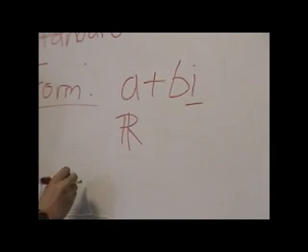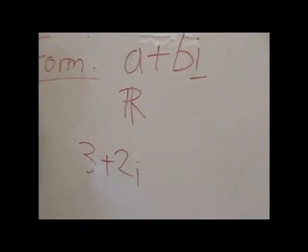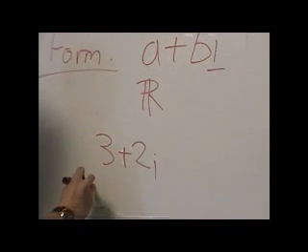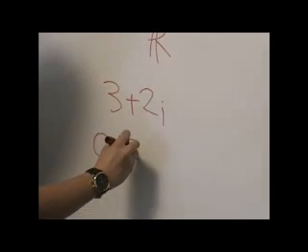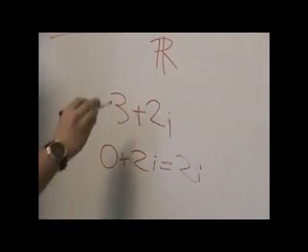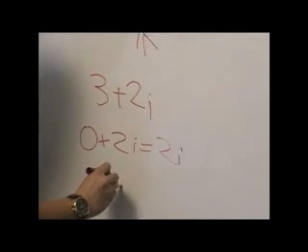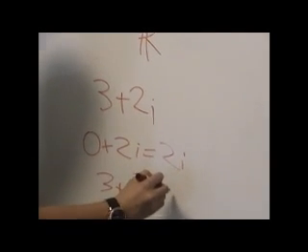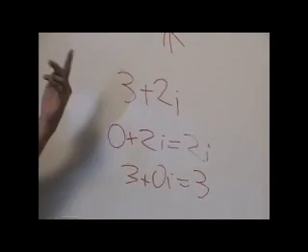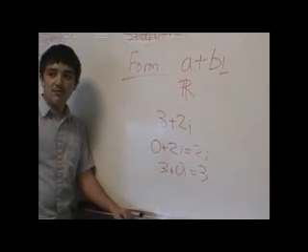So, for example, we can have 3 plus 2i. If a equals 0, for example, 0 plus 2i, we simply get 2i. If b is 0, then we can get 3 plus 0i, or simply 3. This is just the basic format for expressing a complex number.